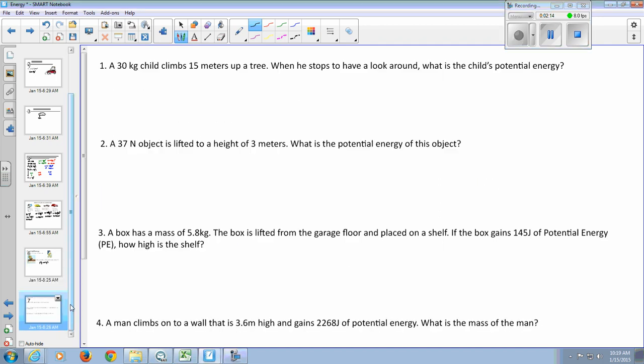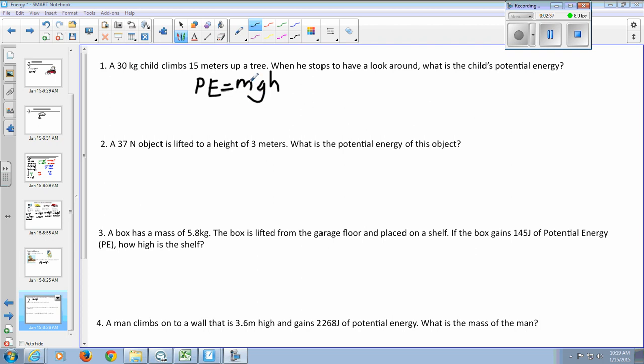So let's look at a couple examples. The first example we have is a 30 kilogram child climbs up a 15-meter tree. Climbs 15 meters up a tree. When he stops, what's the potential energy? Potential energy equals mgh. So the kid's 30 kilograms.